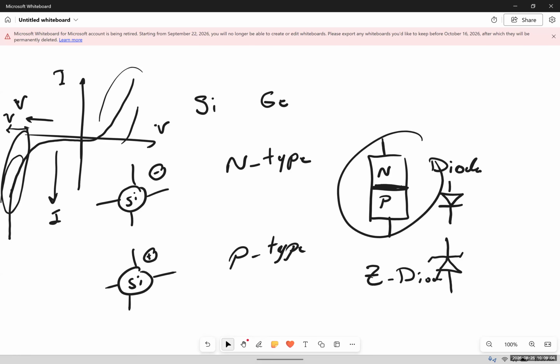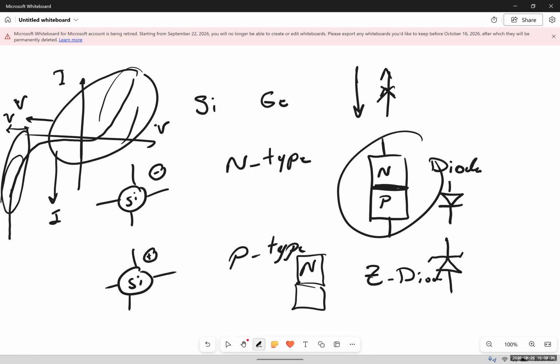What about a normal diode, a signal diode? A signal diode works in this area, and it works like a one-way valve. It allows current to pass in one direction, and it blocks it from the other direction. So it's like a one-way valve. Now, if I add another N junction to a diode, so we have N, P, and if I add another N, then I have built a transistor.